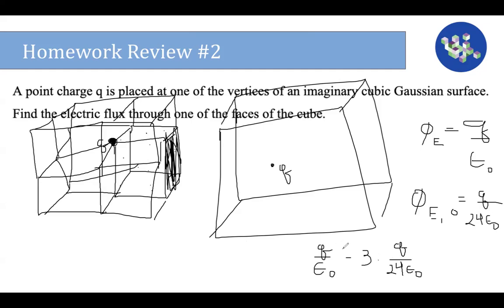You can subtract those three, and then since those three interfaces comprise the rest of the flux, we can simply take 1/3 of that for each of them. And we find that the flux through each of the interfaces is 7Q over 24 epsilon naught. Are there any questions about this?